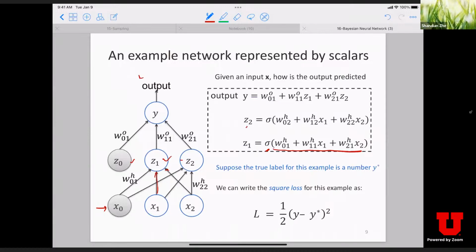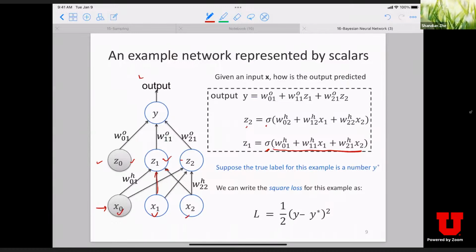Similarly, you compute the value of neuron Z2 by a weighted combination of X0, X1, X2 again, but the weights are on a different set of edges. Usually they're different as well. Then you apply the nonlinear activation function as well. Once you have collected the neurons in the second layer, those neurons are combined together to calculate the input to the next layer.